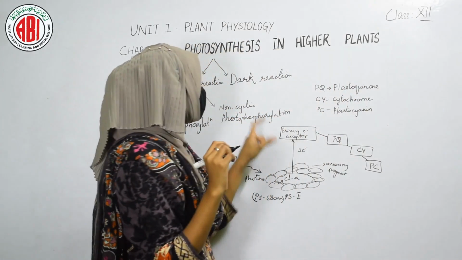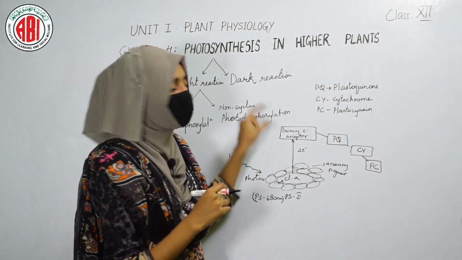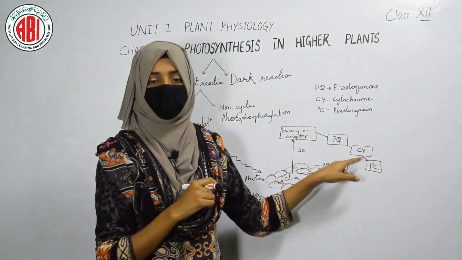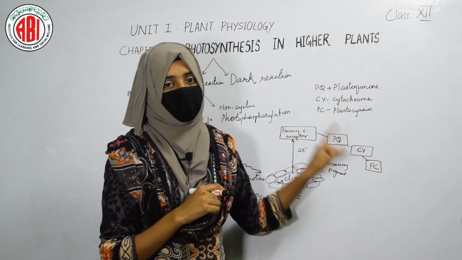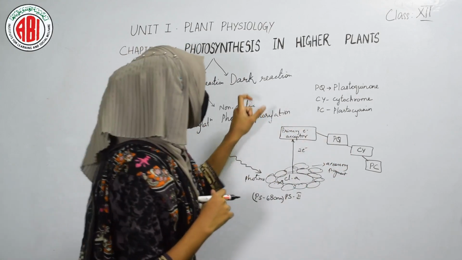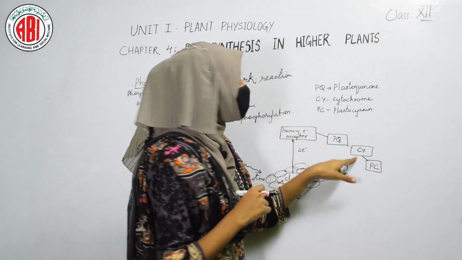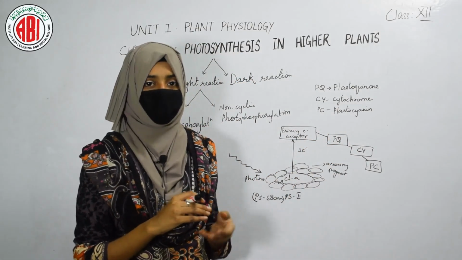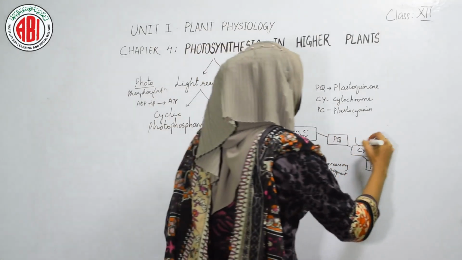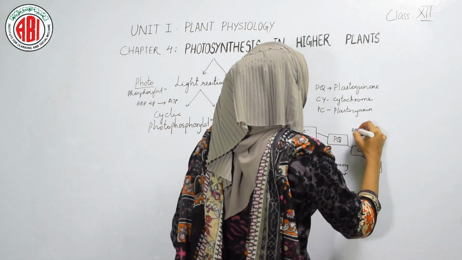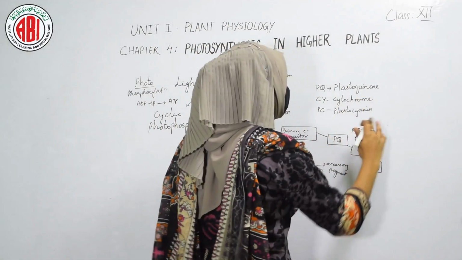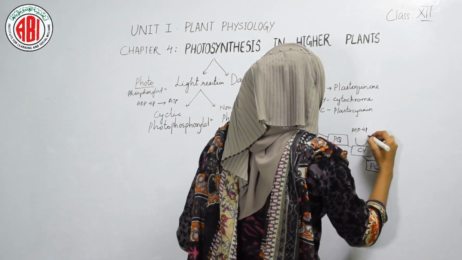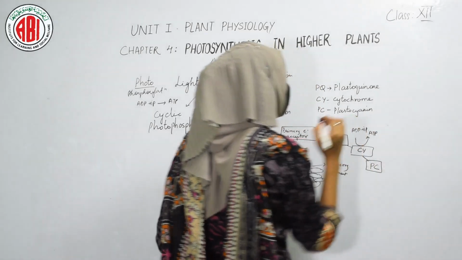So the electrons from the primary electron acceptor move to the Plastoquinone, then to cytochrome, and finally reach Plastocyanin. When the electrons pass down to the cytochrome, at this level the cytochrome releases some energy, and that energy is used by ADP to combine with inorganic phosphate. So when ADP combines with inorganic phosphate, it results in the formation of an ATP molecule.